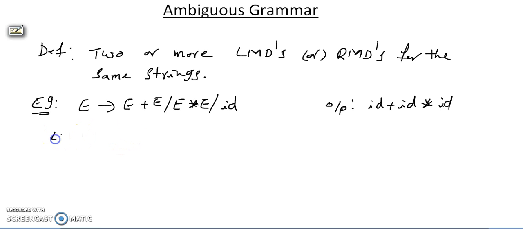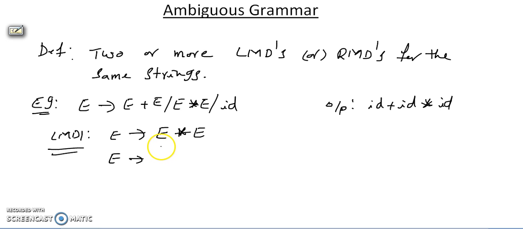Consider LMD1. Capital E tends to E star E. In leftmost derivation we have to substitute only the leftmost variable.